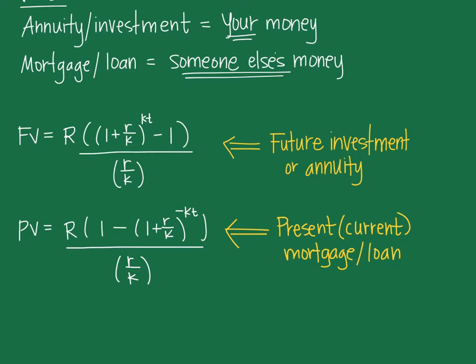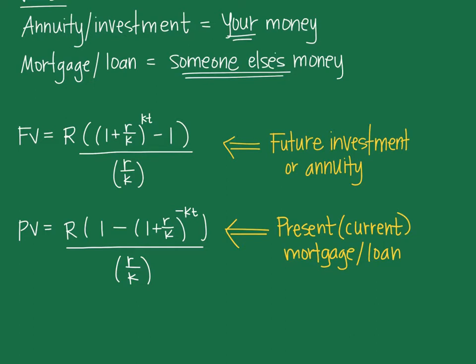Now you know what little r stands for, you know what little k stands for, you know what t stands for. Now you know what F and P stand for. They stand for the future value and the present value. What's the only letter you don't know what it stands for yet? Capital R, right. The key to both of these is that you do it on a regular basis. If you're making a future investment, you are doing it every month. If you're setting money aside for an annuity or an investment in the future, the key is that you do it repeatedly. Every month you set money aside, set it aside, set it aside.